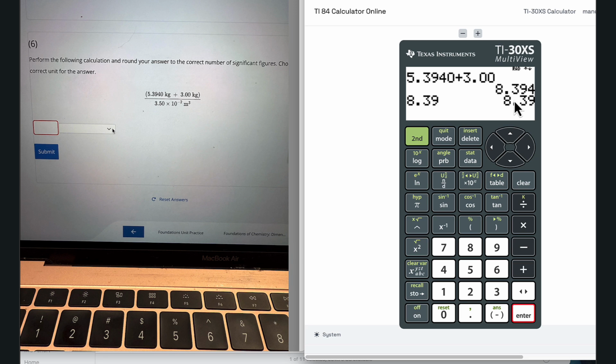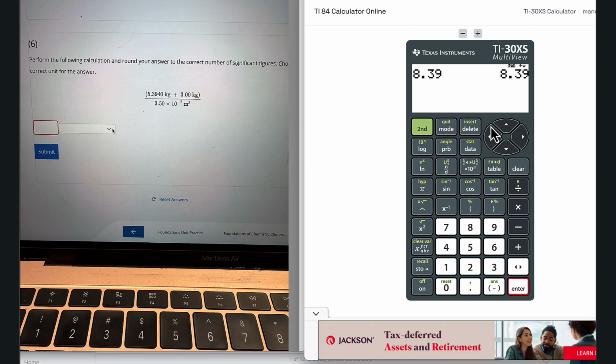So now the next operation is to divide this number by 3.5 times 10 to the minus 2. And that can be tricky. Here's why it's tricky. Let's just try it first.